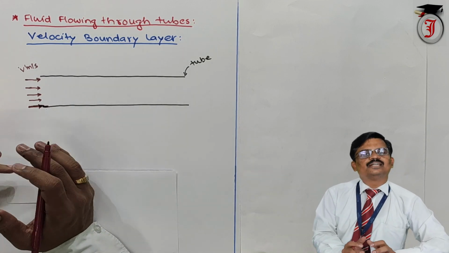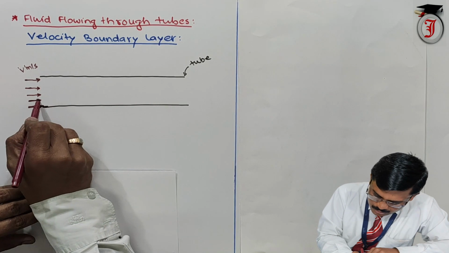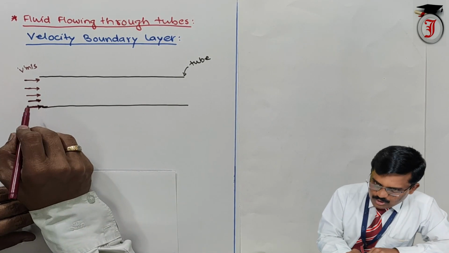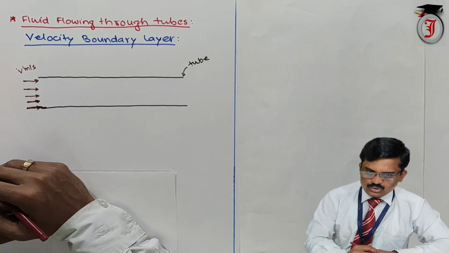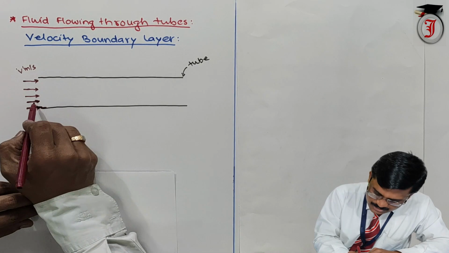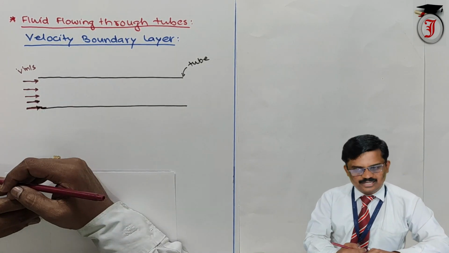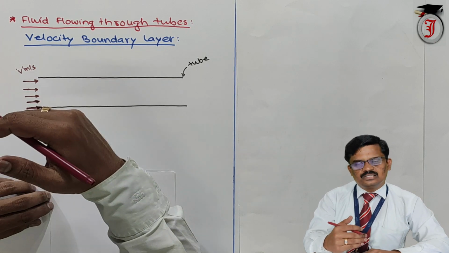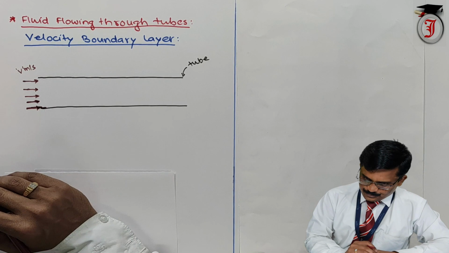This will also cause the fluid particles in the adjacent layer to slow down gradually due to friction, and this layer again slows down the velocity of the next layer, and so on.